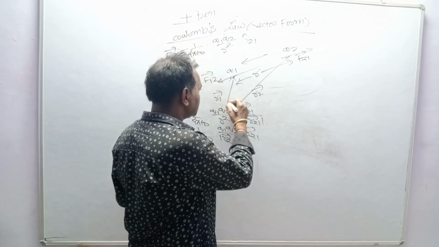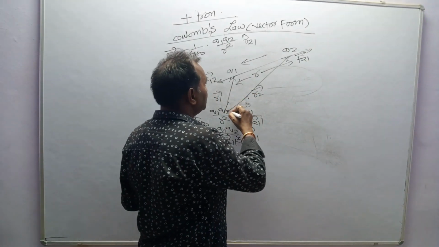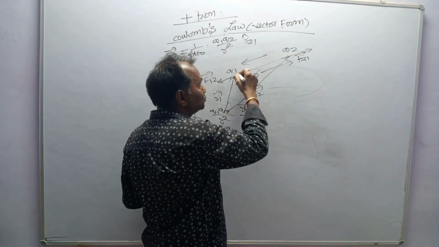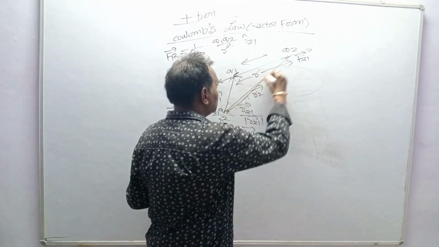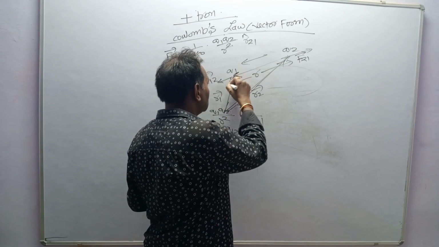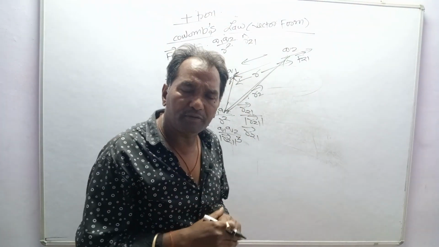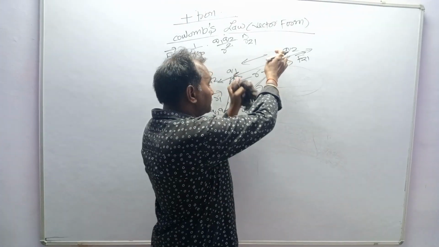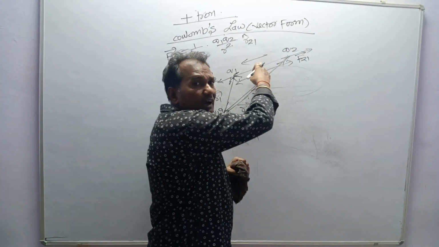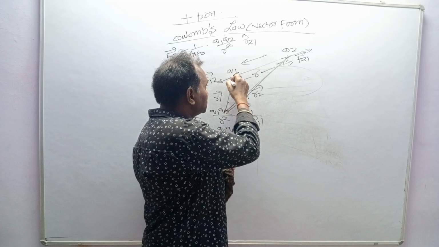Look here. R21 is from 2 to 1. Make this R2 and this R1. From the vector law of addition, you know that when a vector is added with another vector, it results in the resultant.